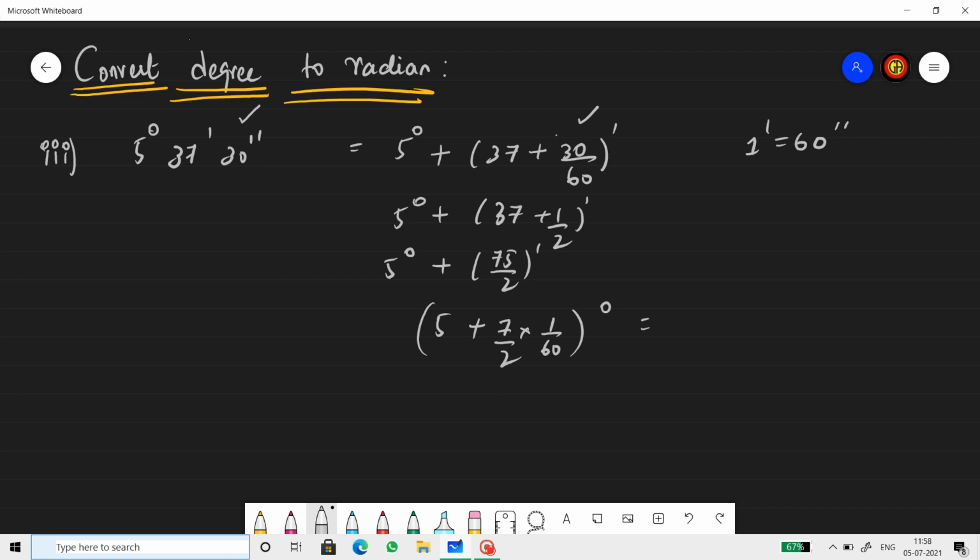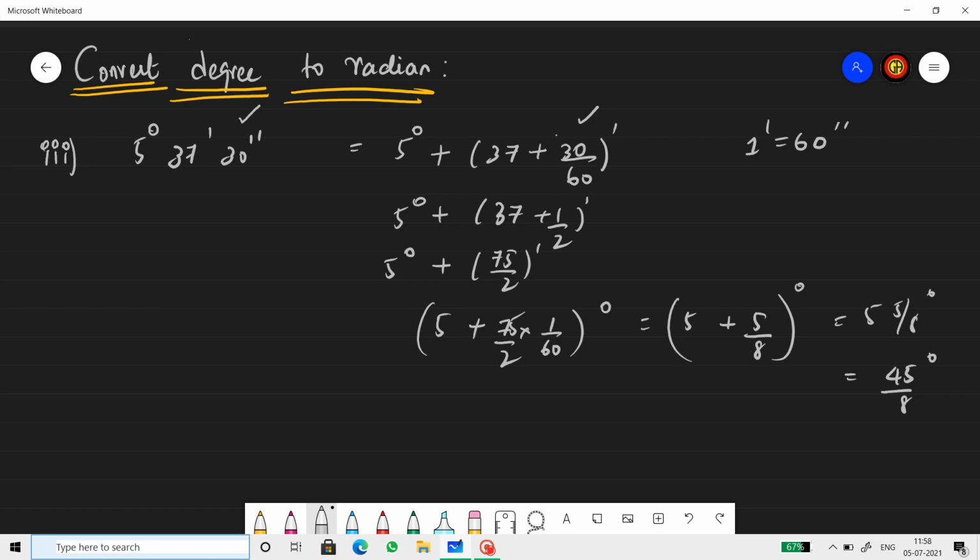So with this I get 5 degree plus 5 by 8 degree, which is 45 by 8 degree.